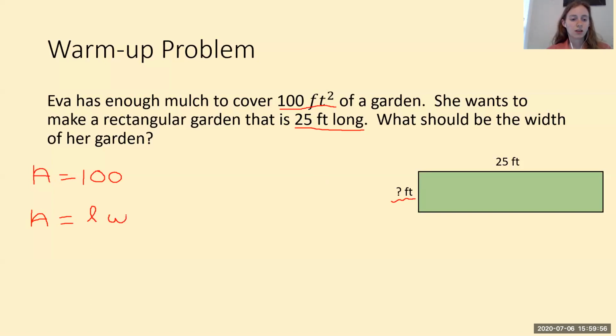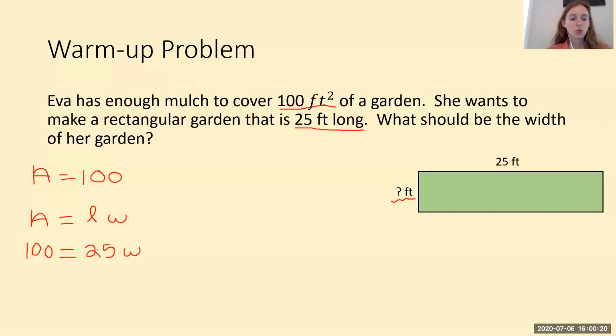So let's fill in the information that we know here. So we know the area. I'm going to replace the area with 100. And we know the length of this garden. The length is 25 feet. Our missing piece of information here is the width.